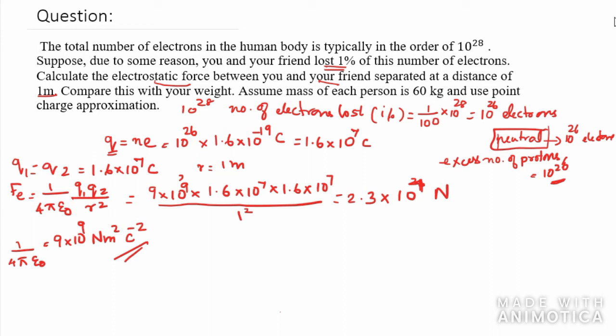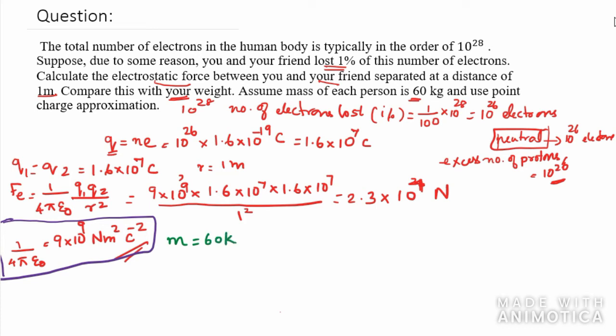Now you have calculated the electrostatic force. The second part is to compare this with your weight, and the mass of each person is given as 60 kg.